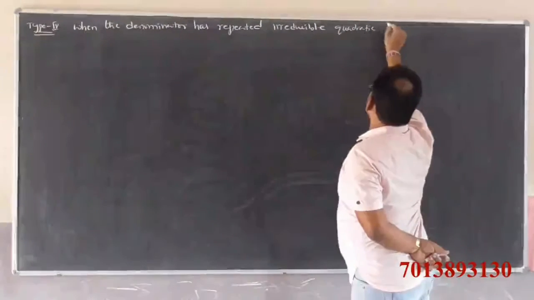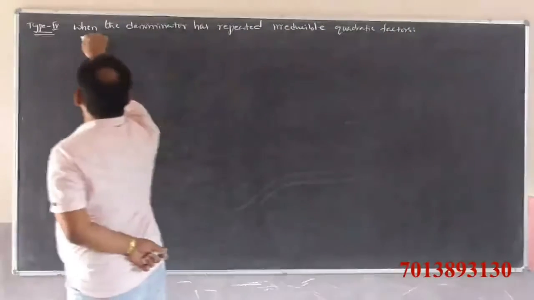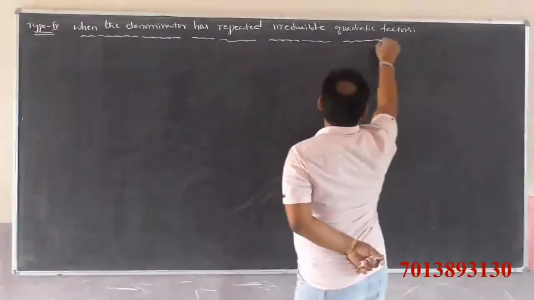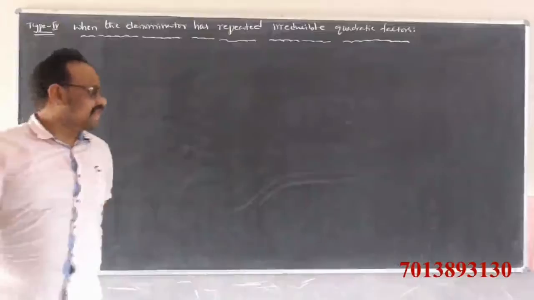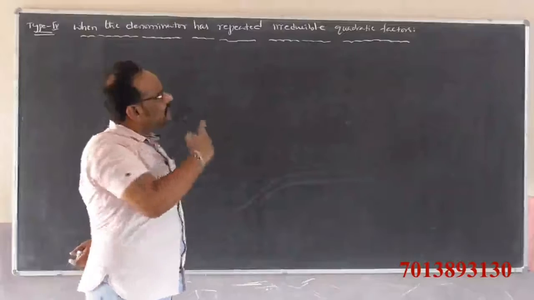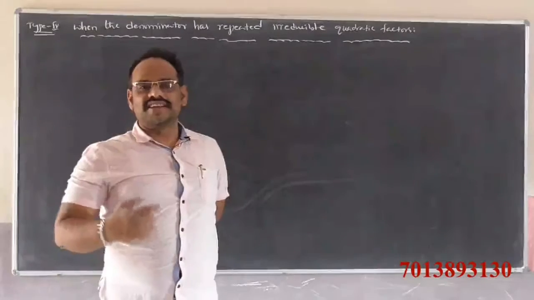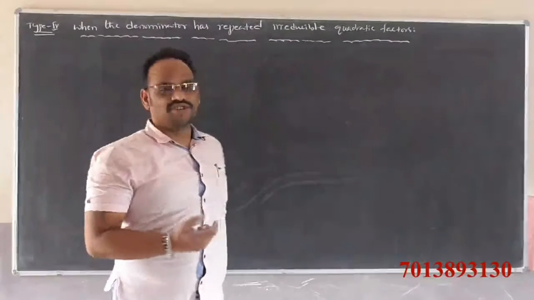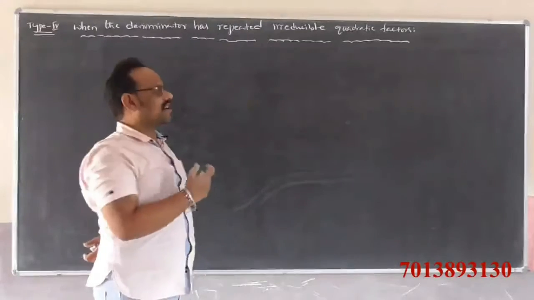Observe here, the fourth type, when the denominator contains repeated irreducible quadratic factors. Irreducible means it can't be expressed as a product of two or more polynomials. That is irreducible. So the denominator contains repeated irreducible quadratic factors.